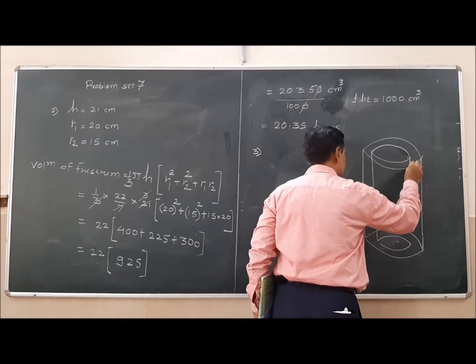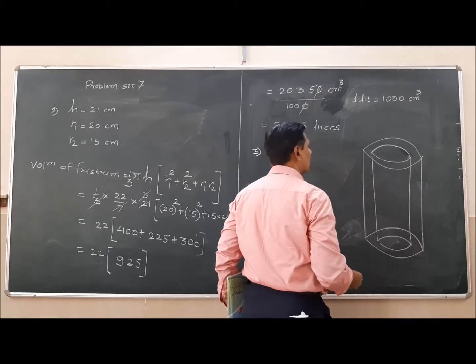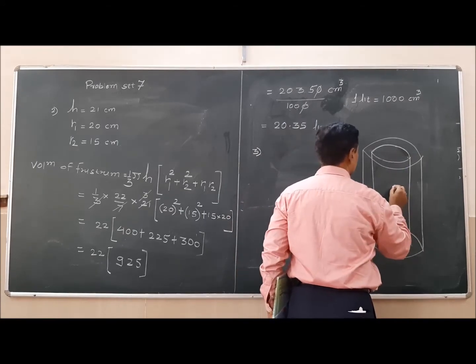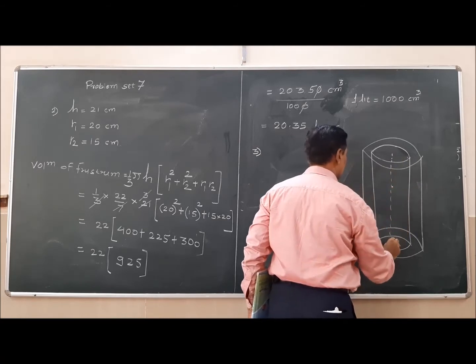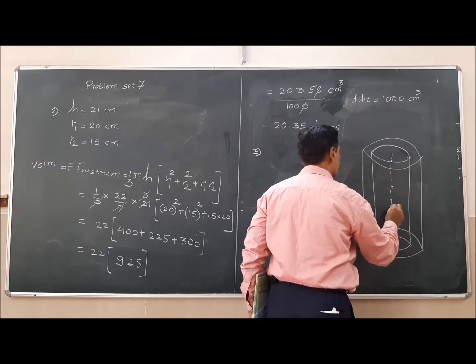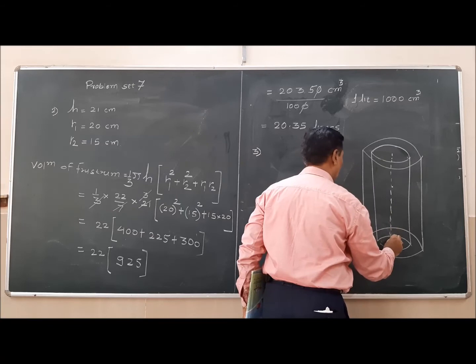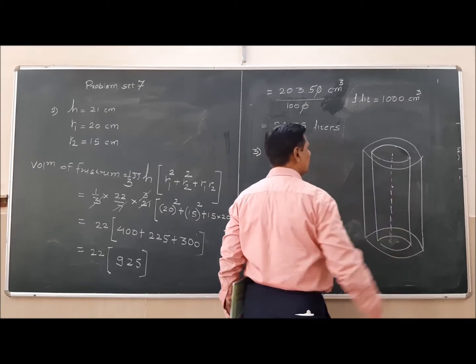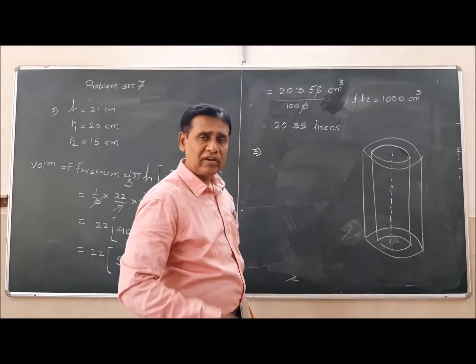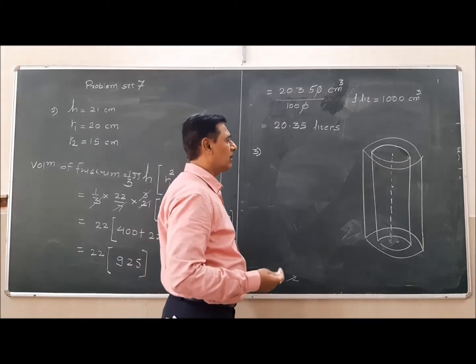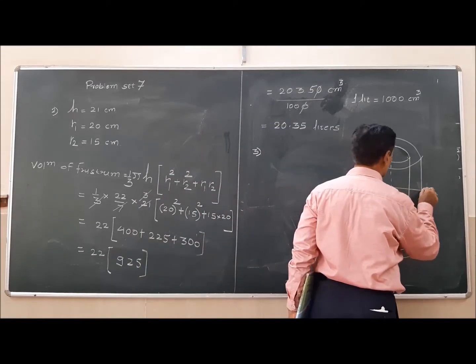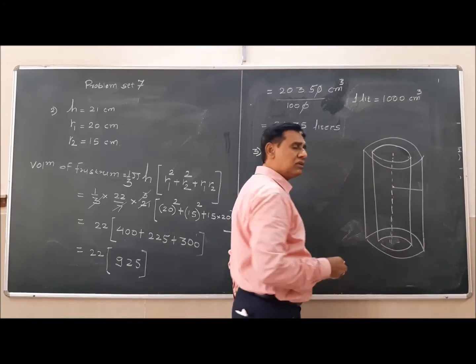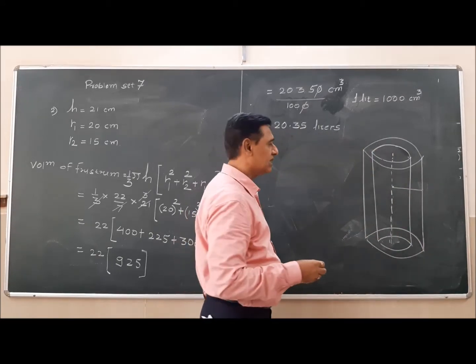Please try to understand here, very important. You will find the center of both these cylinders is same. But while finding out outer radius, you will find from here, if I take this as an outer radius. Now outer radius is given as 30 centimeter.